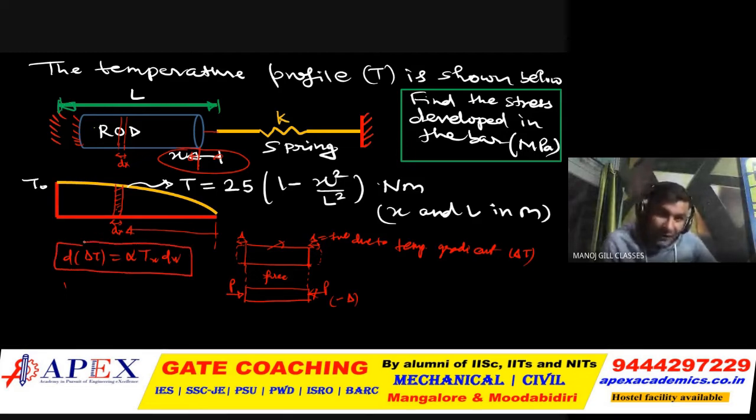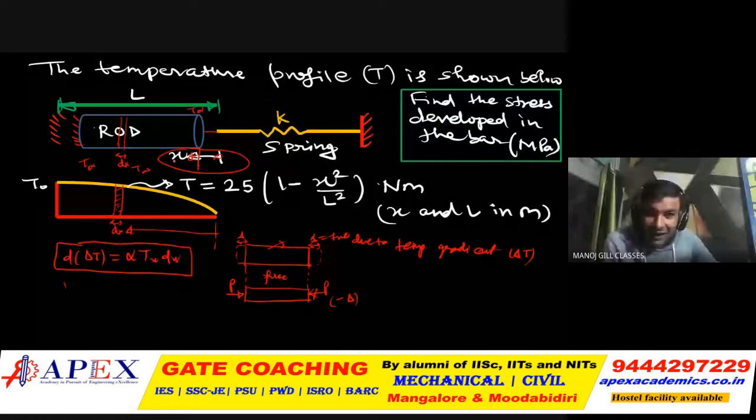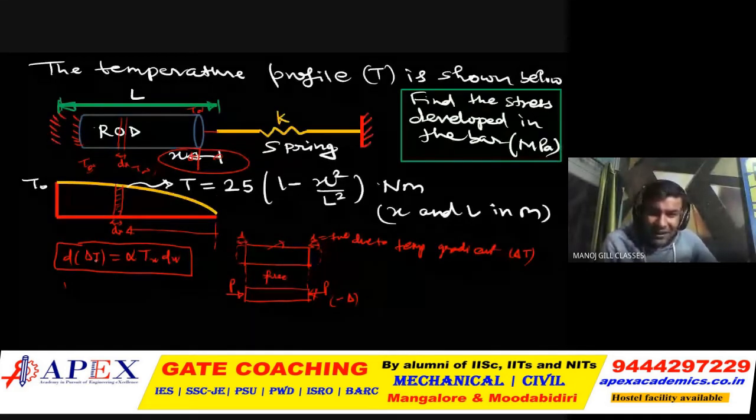Be careful, very important. Here you can take T also, not a problem, because the outside temperature T infinity will be constant. So delta T is T minus T infinity, which is constant at T infinity outside. So you can write d delta T, or you can also write T. That's not a problem here.